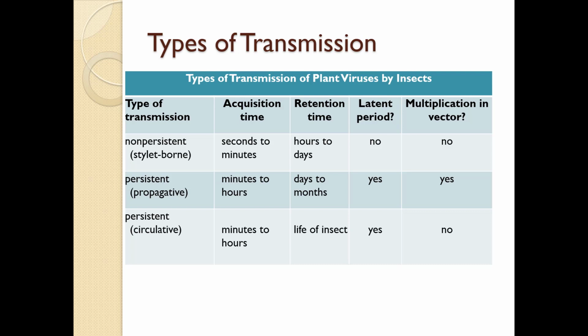Retention time could be days to months. There could be a latent period, and it can multiply within the vector. And then persistent circulative, minutes to hours for acquisition time, retention time, life of insect, latent period, and multiplication in vector, not.